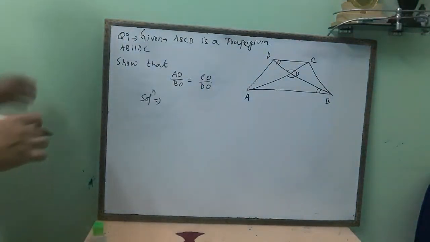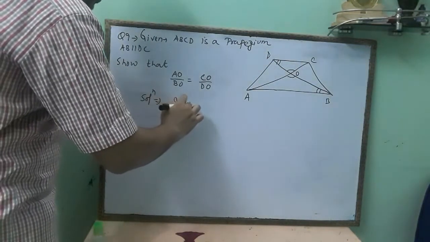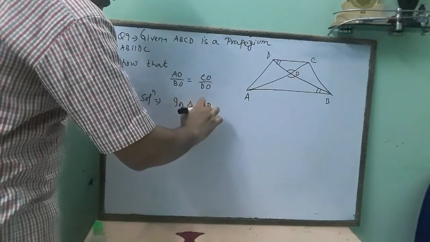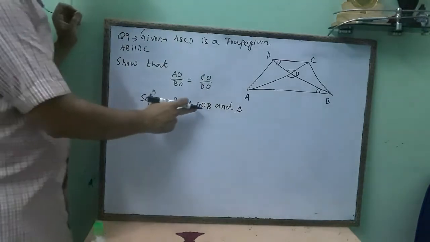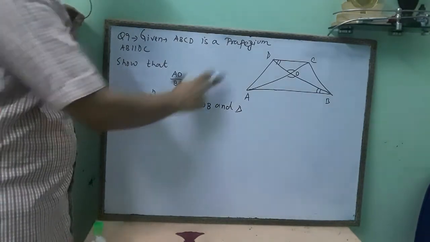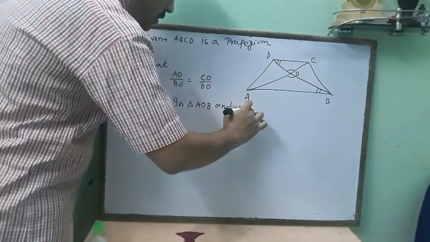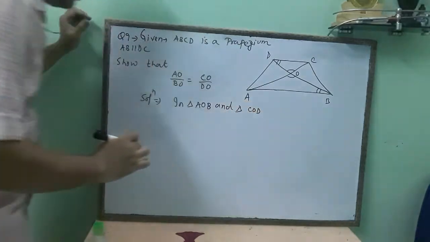So in triangle AOB, just write down the names. Now choose the correct name. Here the corresponding angle of A is C, so we will start from COD in triangle COD.